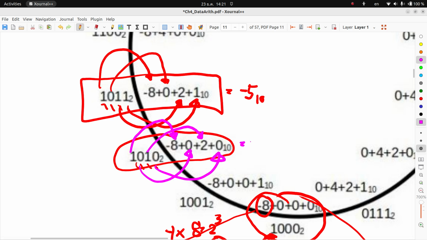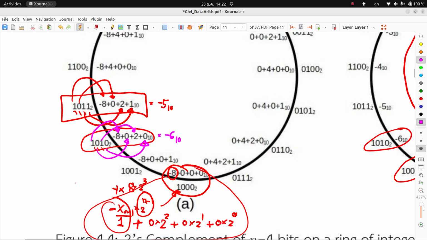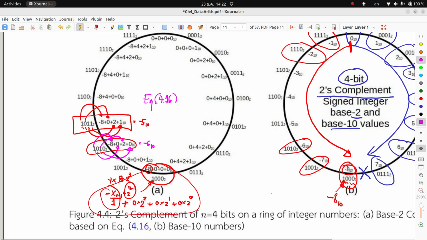So it's basically minus 6 base 10. Any question? Equation 4.16 is the most important equation. As you can see, 1 0 1 0 is minus 6.